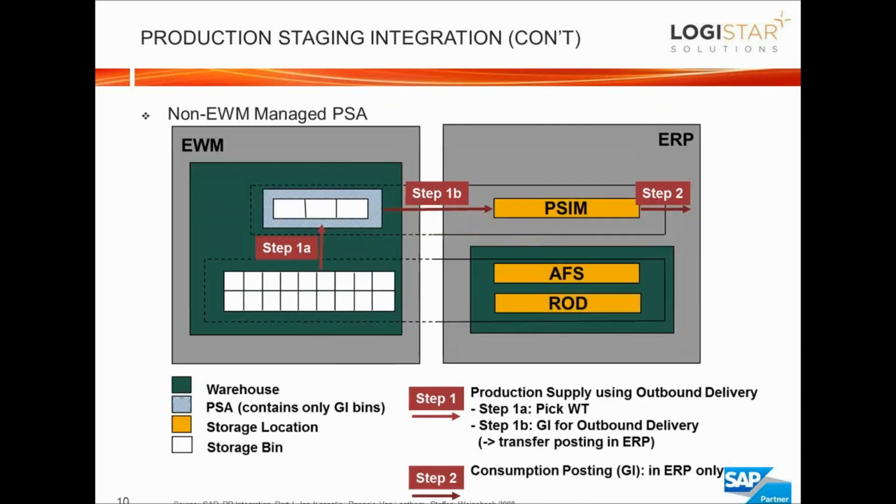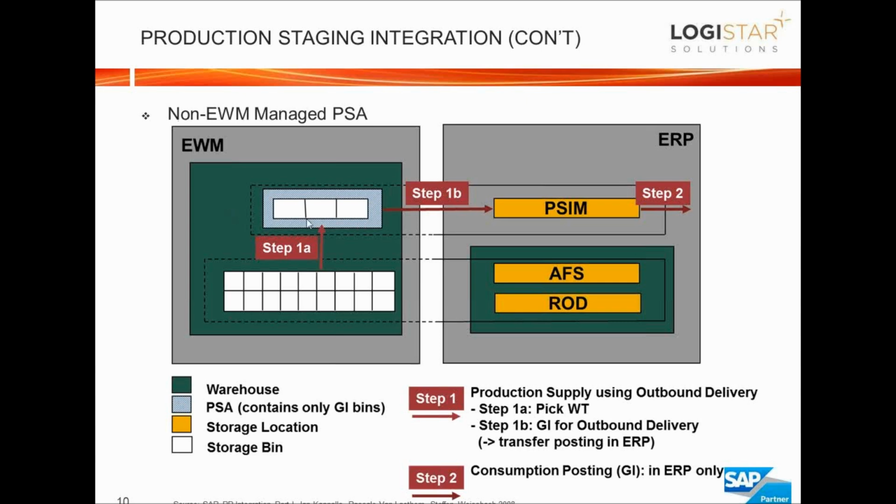Let's go to the next model here. Here I'm still going to do my staging, but from an ERP perspective, I'm not going to manage that production supply area in EWM. So in ERP, it's still a storage location. In EWM, it's still defined as a PSA, but it's only like a goods issue or staging area.